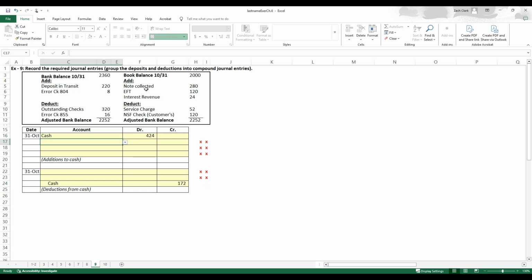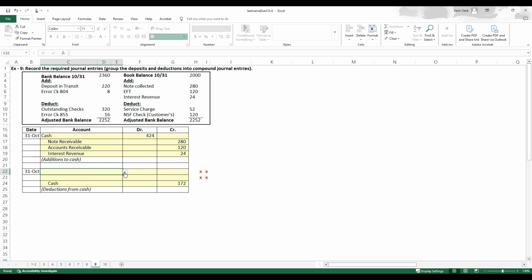Okay. And then, yeah, let's see what we got here. So we had a note collection, so notes receivable went down by 280. We had an EFT, so that's an accounts receivable collection of 120. Interest revenue, $24.